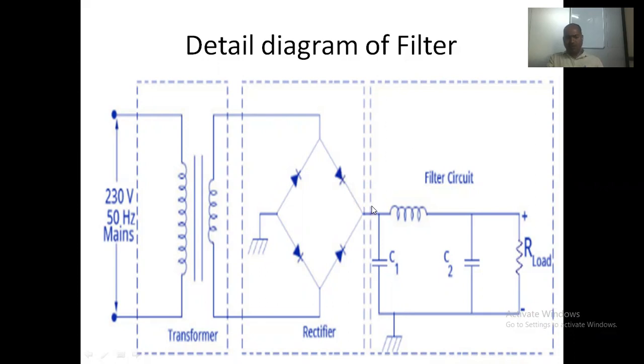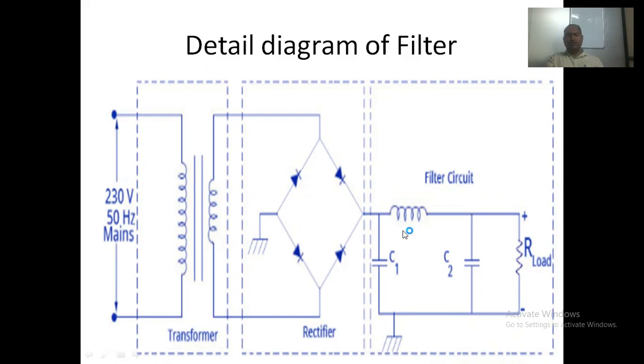Now see, this combination is called CLC, or a pi type of filter, because this combination looks like the mathematical pi. This is one of the most used filter configurations, because it gives very little ripple, 0.01%, in the output of the circuit.